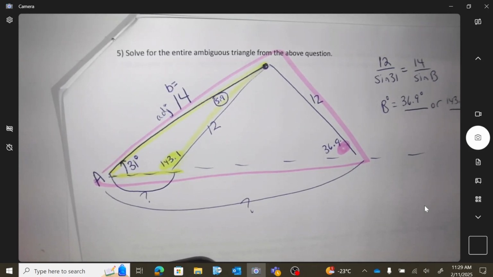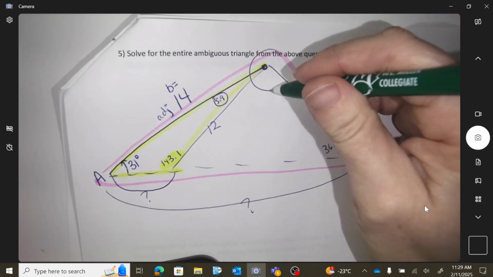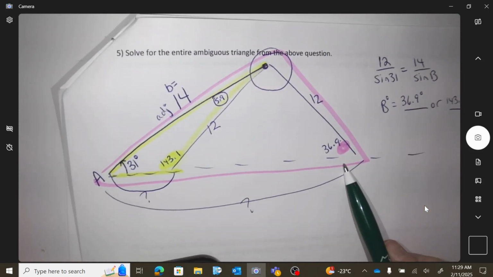Okay, so I get a third angle, 5.9. Do the same thing pink. Go pink corner, pink corner. What's the last pink corner?